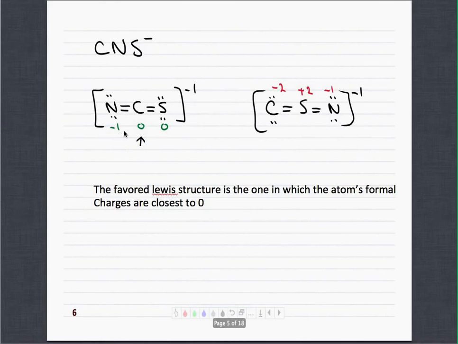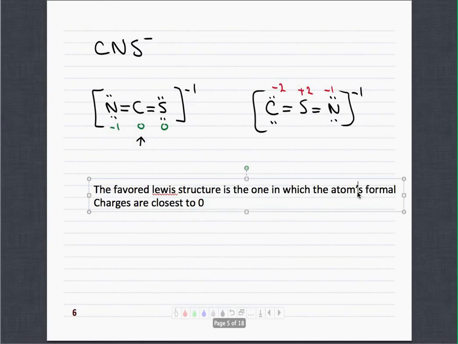For the sulfur, it is 0. Now, in the other Lewis structure, the formal charge on the carbon is -2, on the sulfur it is +2, and on the nitrogen, -1. So between A and B, A is the favored Lewis structure. In other words, this is the right Lewis structure.